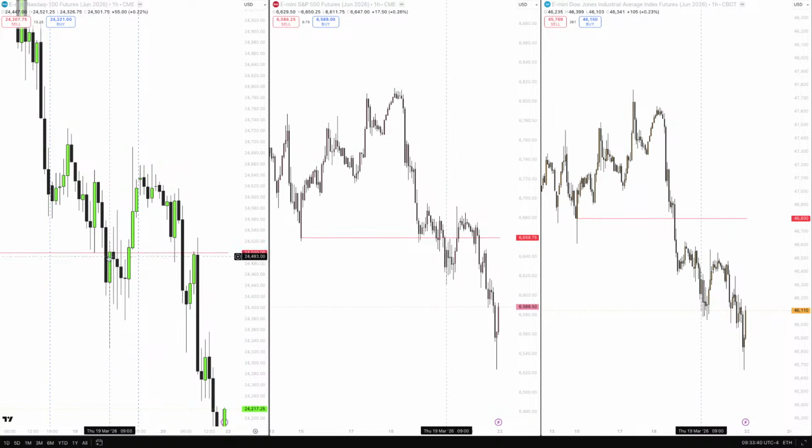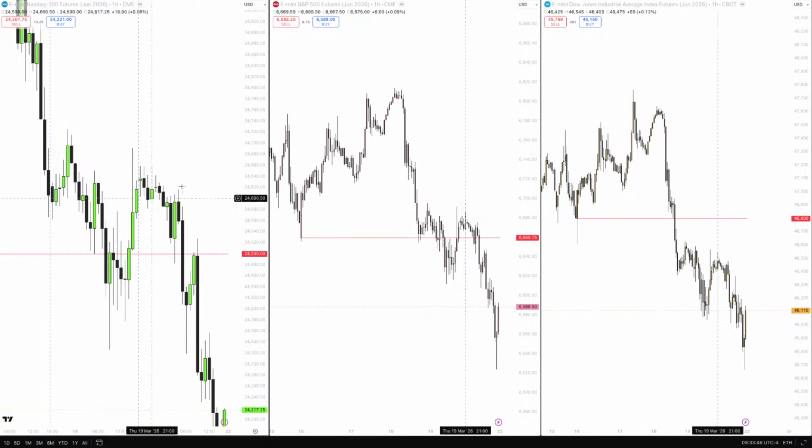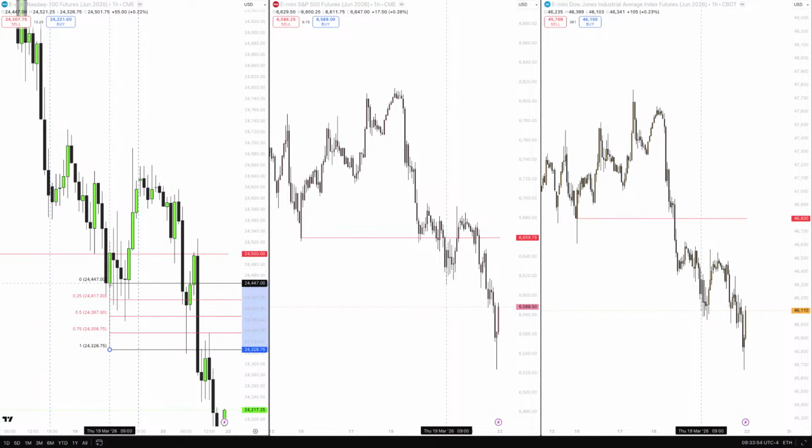That this is signaling that we will not continue to the downside on this day. So in this case, we didn't, and we held this low right here, and we could have looked for long setups inside of this wick down here, because this low should hold.